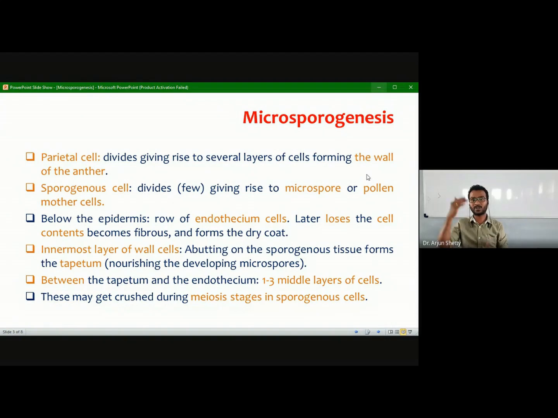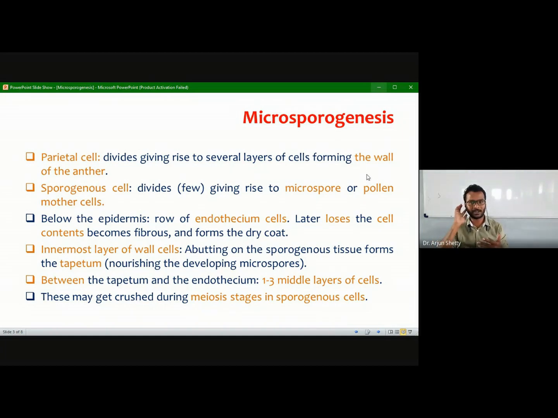Next to the endothecium, we are going to see the formation of 1 to 3 layered middle lamella. This middle lamella is again formed because of the activity of the primary parietal cells: first the epidermis, next to that the endothecium, formed by the primary parietal cells, and next to the endothecium, the middle lamella.